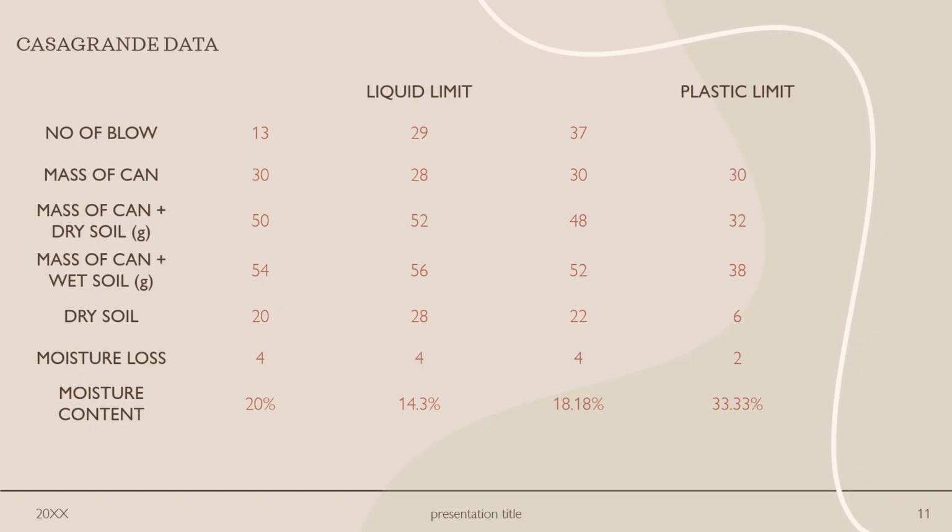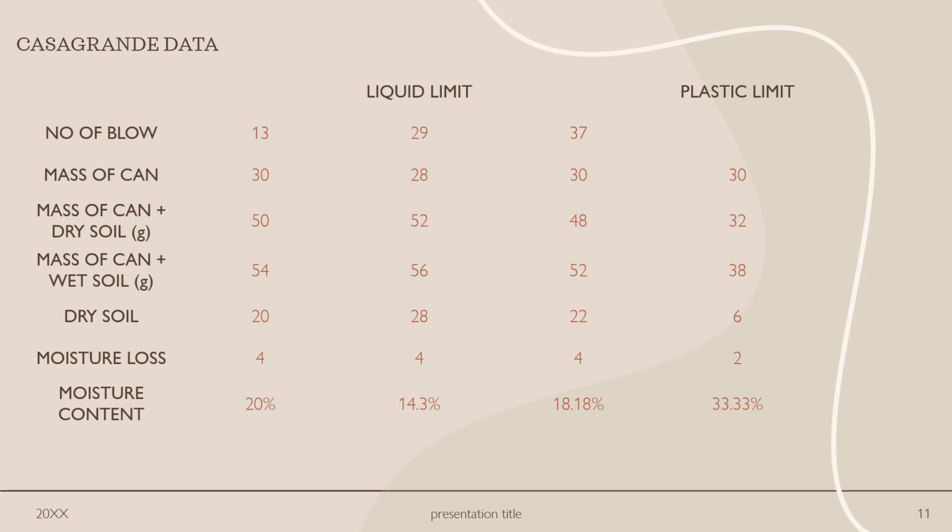Findings. These are the results that I obtained during the experiment for Casagrande. For liquid limit, I took 3 samples with different states of soil. To get the required number of blows, it is performed by adding distilled water and repeated until we get a suitable number of blows.